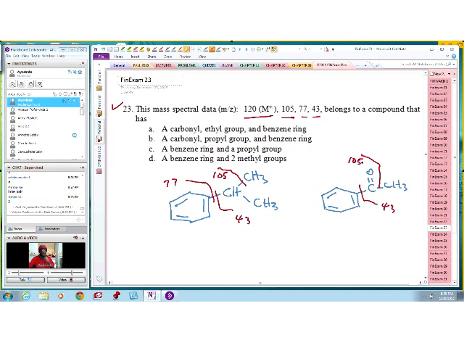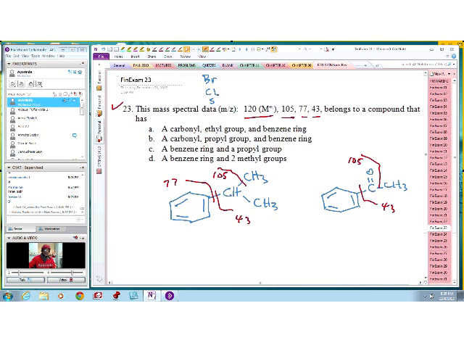There is another concept that I forgot to tell you in class. Very often, we could use mass spectrometry to tell us the presence of some element in an organic molecule. For example, we could use mass spectrometry to tell us whether we have a bromine atom, a chlorine atom, or a sulfur atom in a given molecule.